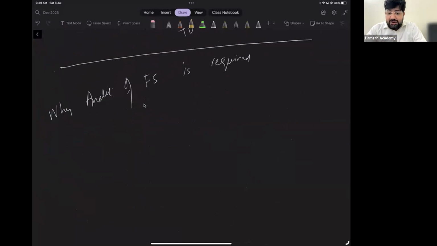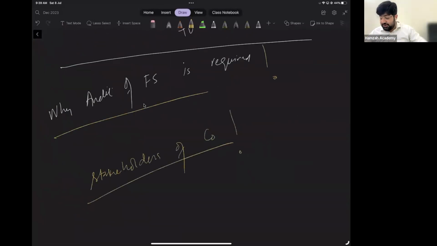Now, next. So when audit of financial statement is required, why? So we have understood because there are so many stakeholders of company.